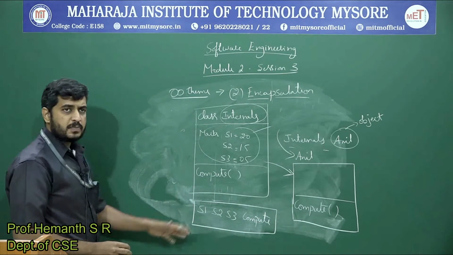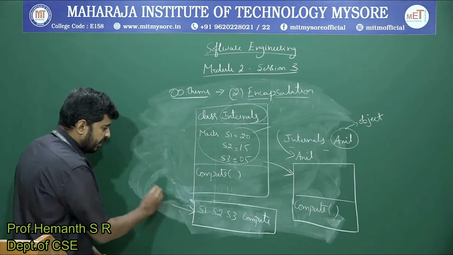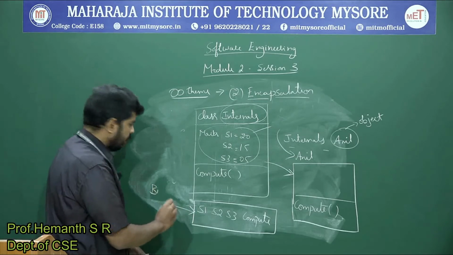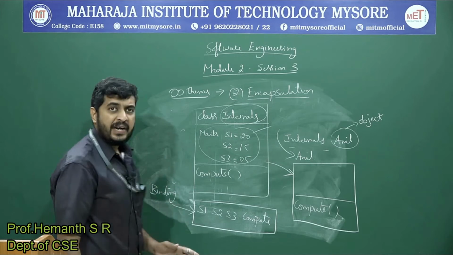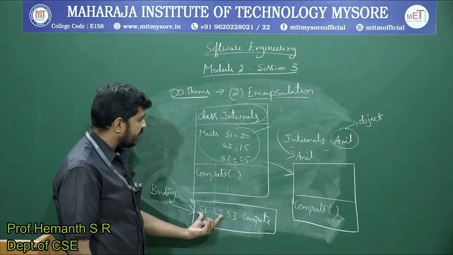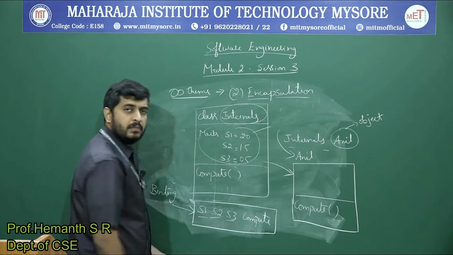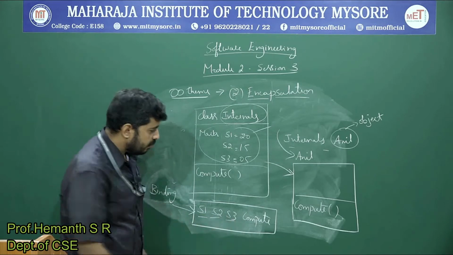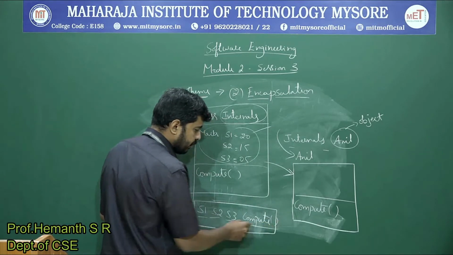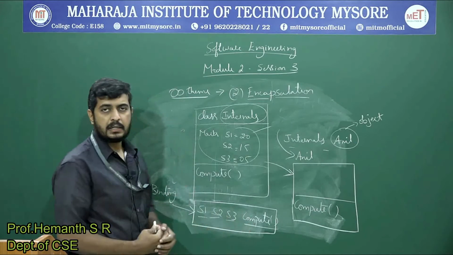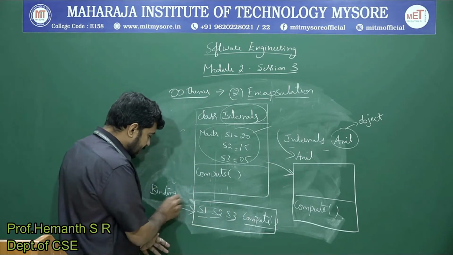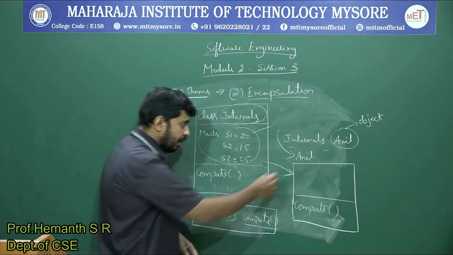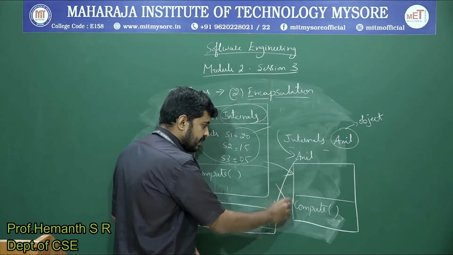In this specific instance, this is the binding that you can see, where the data, that is S1, S2, S3, is encapsulated with the function. It is bound, it is secure. In this secure region, in this binding region, the Anil object cannot reach or access this.